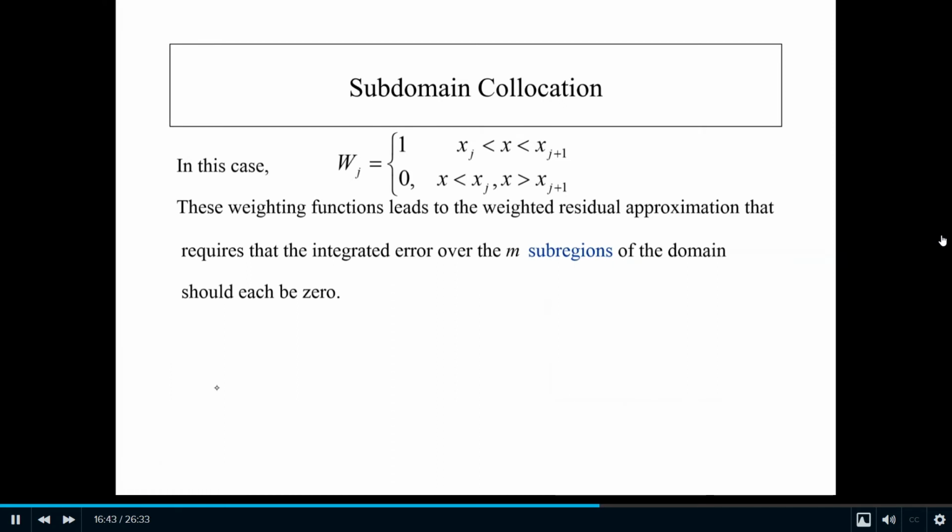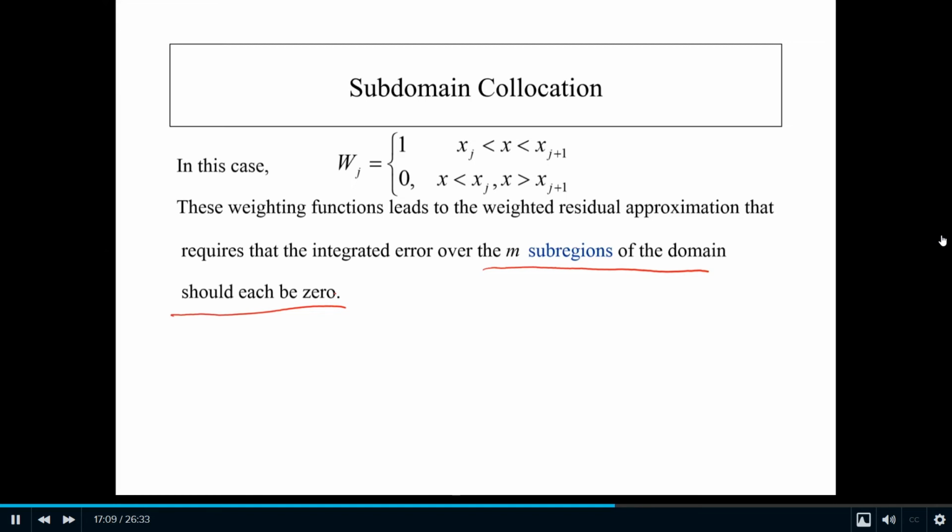So this implies that the integral over each of the m subregions should be 0. Okay, this is the implication of this method. The residual is 0 over subregions, unlike the point collocation that is 0 at a certain point.